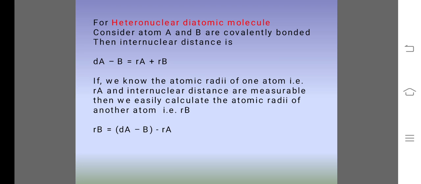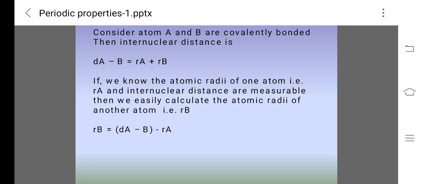For a heteronuclear diatomic molecule, consider atoms A and B covalently bonded. Then the internuclear distance, distance A to B, equals Ra plus Rb. Ra means the distance from the center of the nucleus to the outermost electron of the A atom, and likewise Rb.